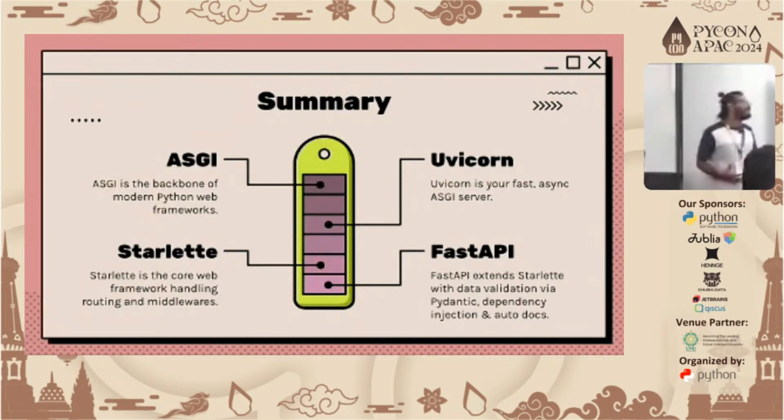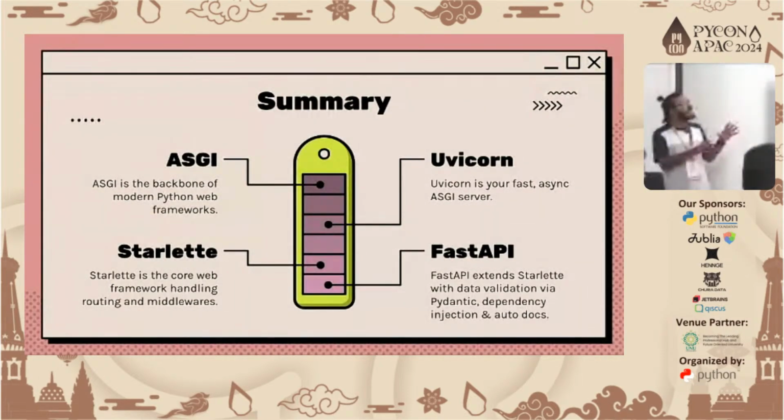FastAPI is actually built on Starlette, and it provides a few extra facilities, so it makes API development fun for all our devs.